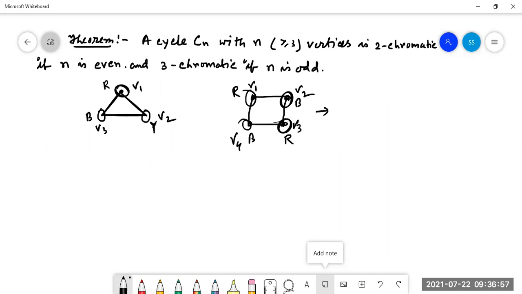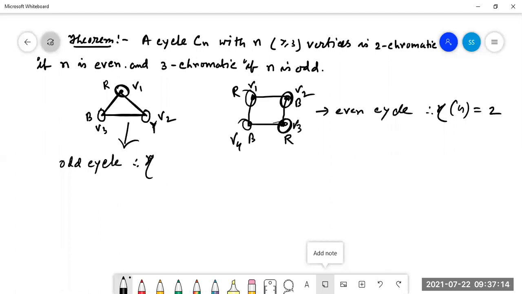It is the even cycle. So chi G is equal to 2, and this one is the odd cycle. So chi G is equal to 3. It was told here, isn't it? Yes, sir.